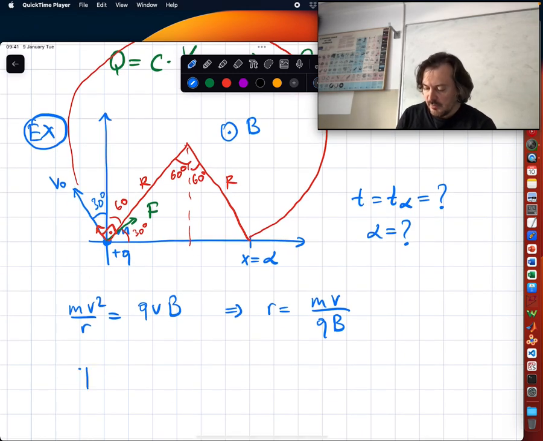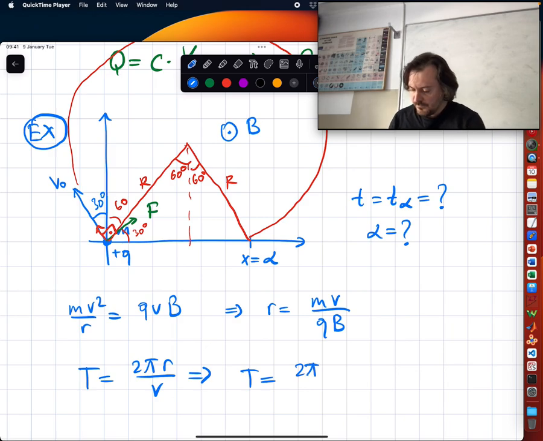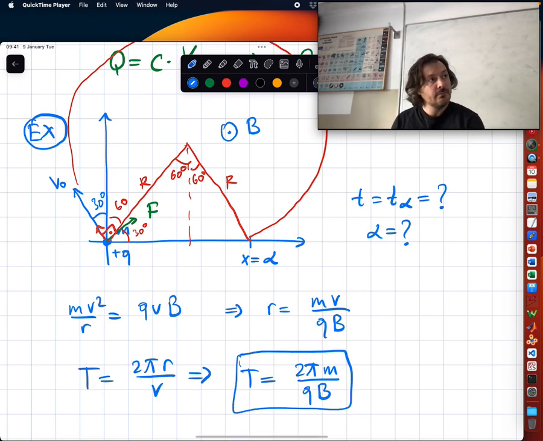And the period was 2 pi R over v, which tells us the period is 2 pi m over QB. It does not depend on velocity.